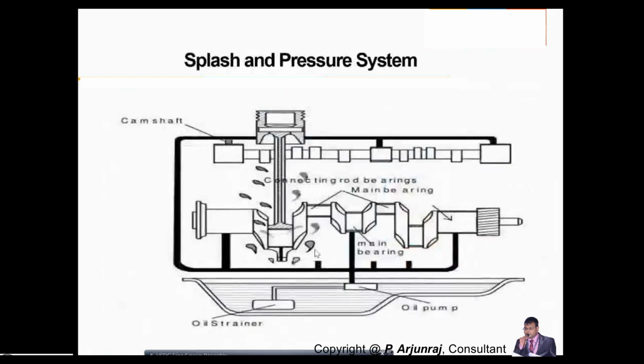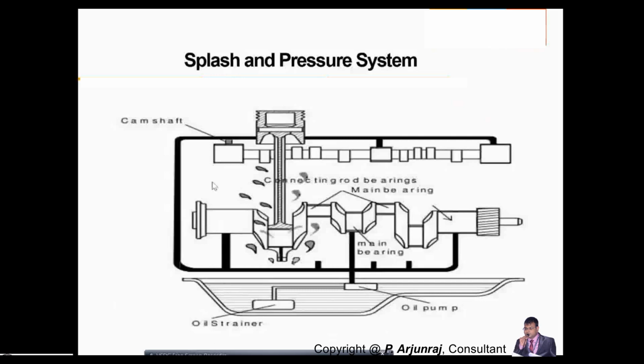Here not only are you going to spray, but the spray is going to happen with some pressure. Just as you inject the fuel with high pressure, similarly you are also spraying the oil to the reciprocating parts and rotating parts with some pressure as well.